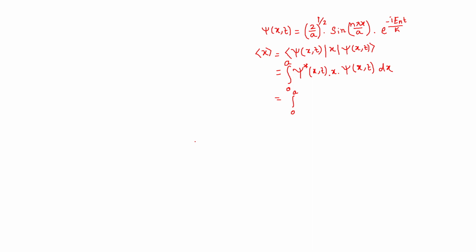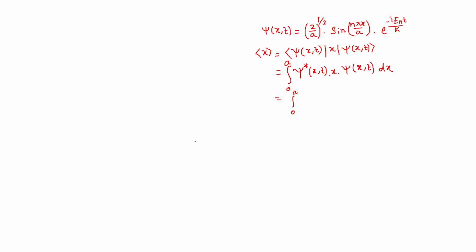Now what about the e to the power terms? You can see here there is plus iEnt by h cross and there is minus iEnt by h cross. So these will cancel out each other. So there will be no t term. Oh sorry, I forgot to write dx here. So there was a dx also. So I am writing it over here, dx.